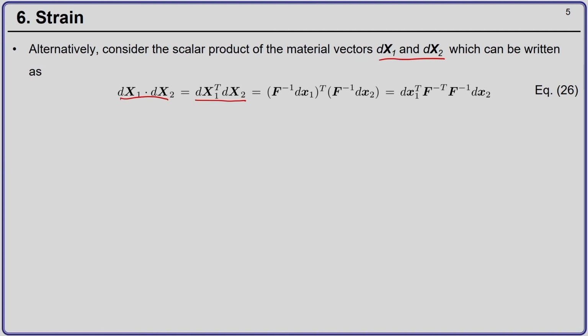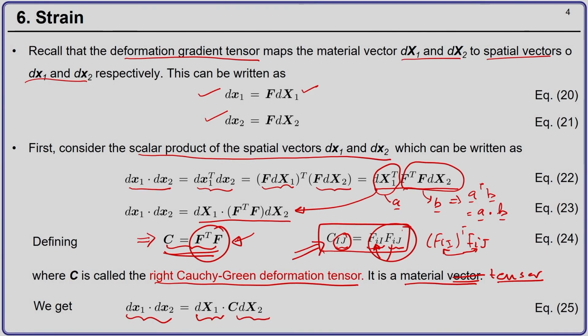Now, I can invert the relation for dx equal to f dX. So, I can write the material vector in terms of the inverse of the deformation gradient times the spatial vector, which is given here. So, you can derive this using this relation.